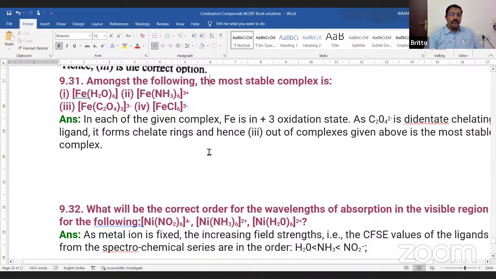Which of them will be the most stable? As I said, if it is a bidentate or polydentate ligand, that complex will be more stable. Aqua is a monodentate ligand, ammonia is a monodentate ligand, and Cl minus is a unidentate ligand. But oxalato is a bidentate ligand. It is going to form a ring, so the structure is going to be stable.